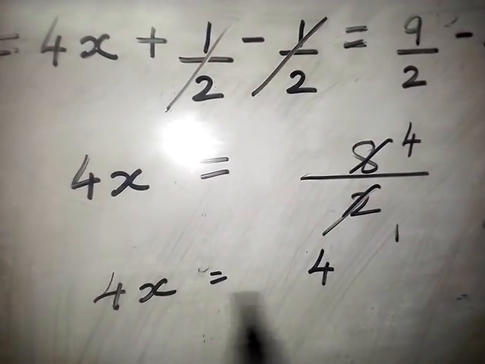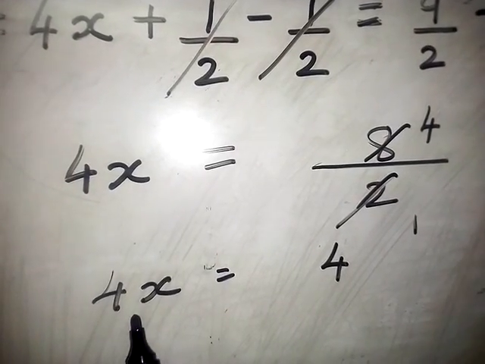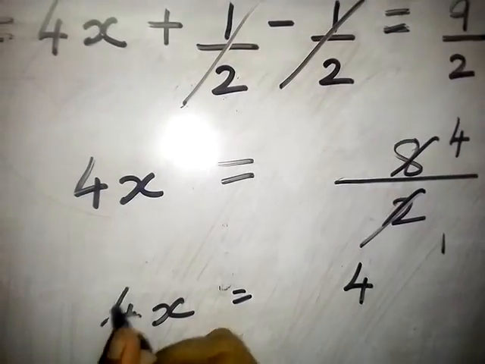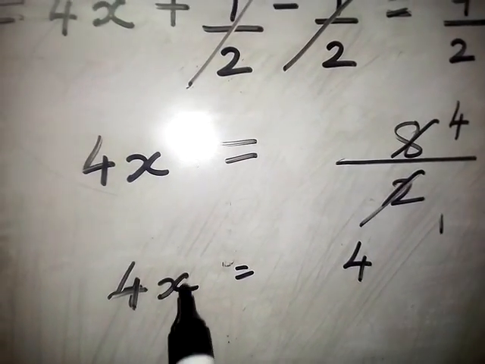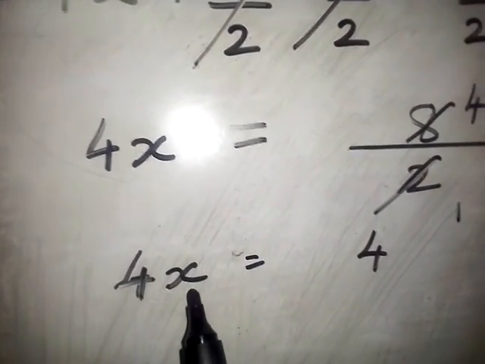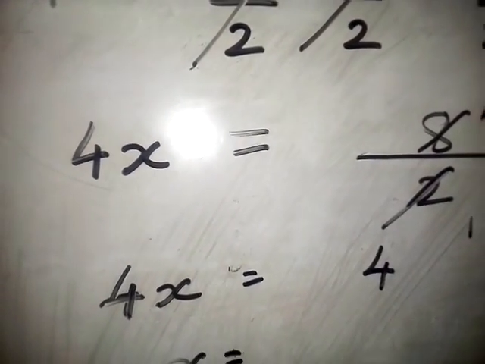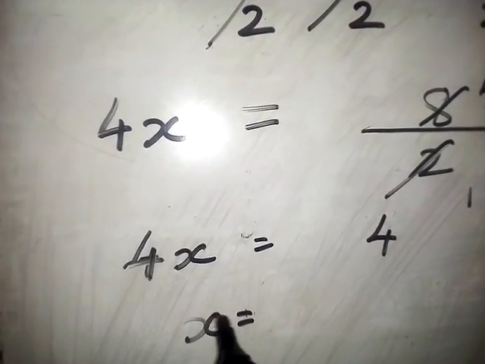Now on both the sides you are getting a single term, which means you are getting a monomial. Here on the left side number with variable is there, so you have to find only the value of x. When you want to find the value of x and both sides have a single term, you have to take it in division form.